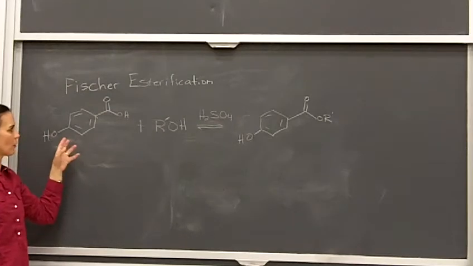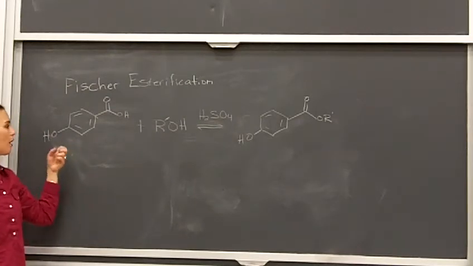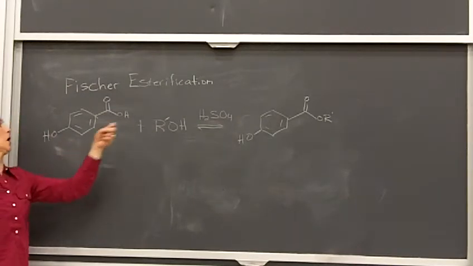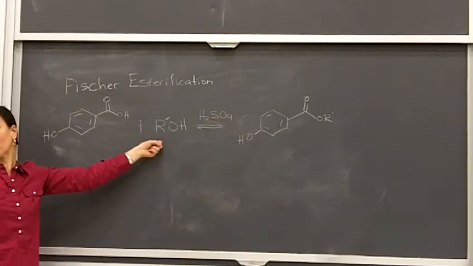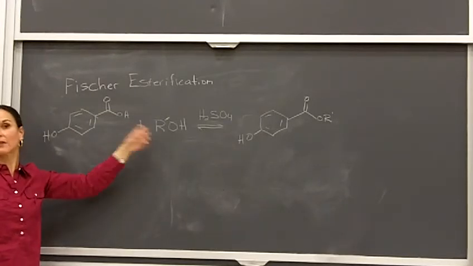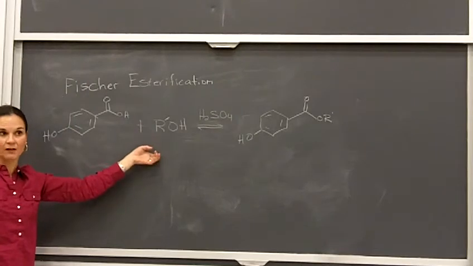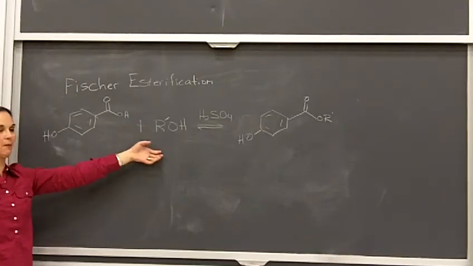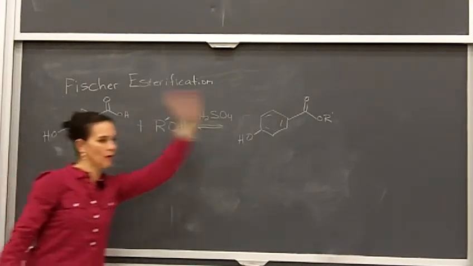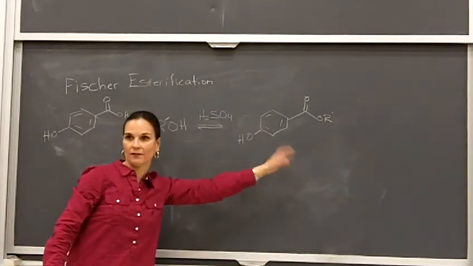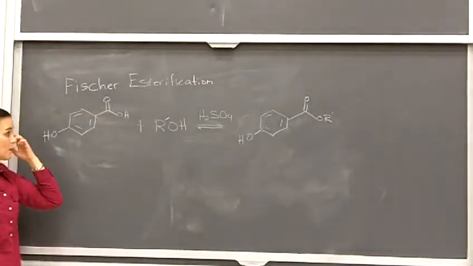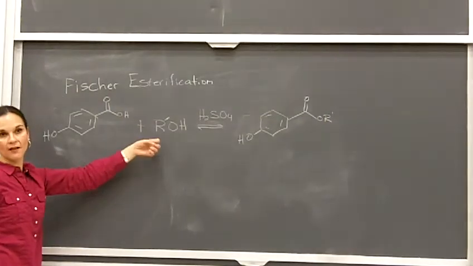So one of the things that we're going to do is our alcohol, whoops, wrong one. Alcohol is our solvent as well. So we're going to put lots of reactant in there. So if you remember from Gen Chem, if you have a lot of stuff on this side, you want to push it over there, okay? So we're going to use our alcohol as our solvent.